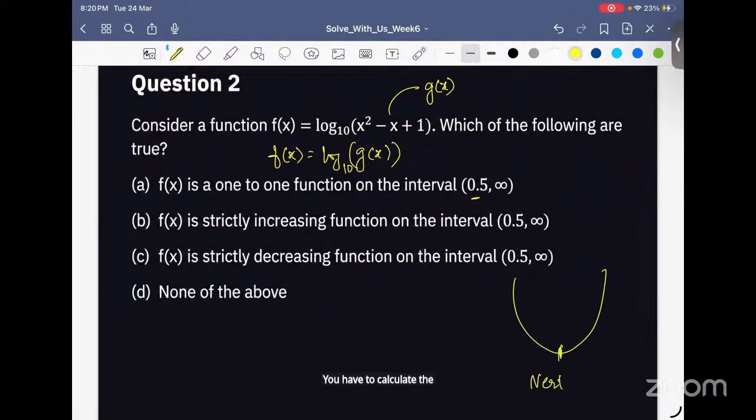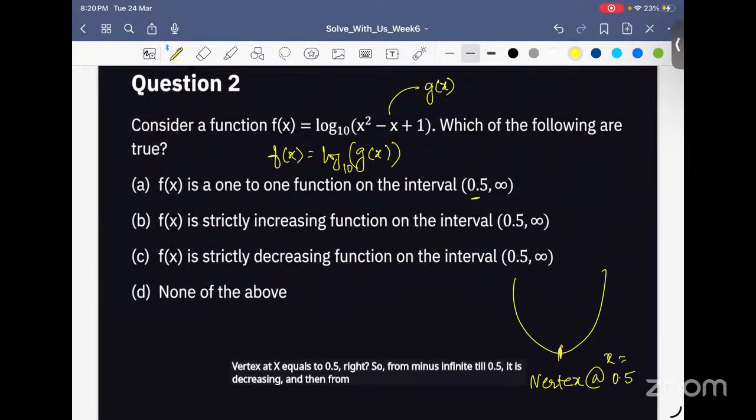Yeah, vertex at x equals 0.5, right? So from minus infinity till 0.5 it is decreasing, and from 0.5 till infinity it is increasing, correct? Yes, sir. Okay, so now tell me whether the first option is correct or not.